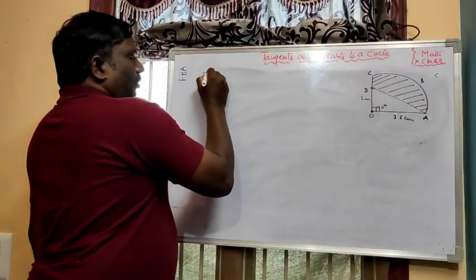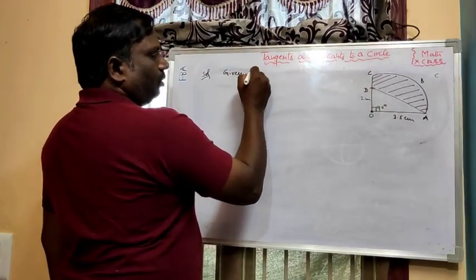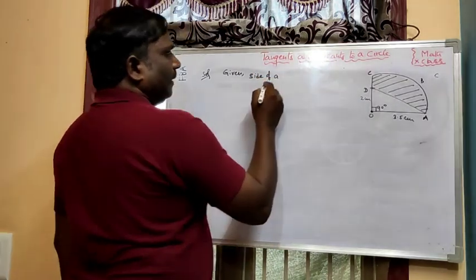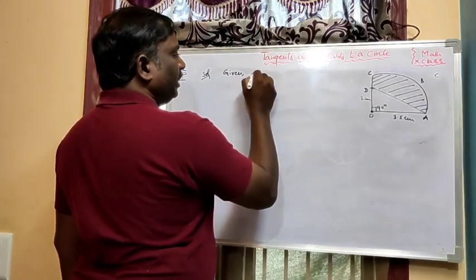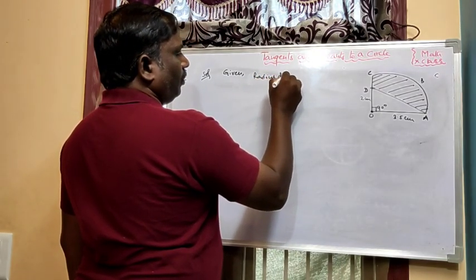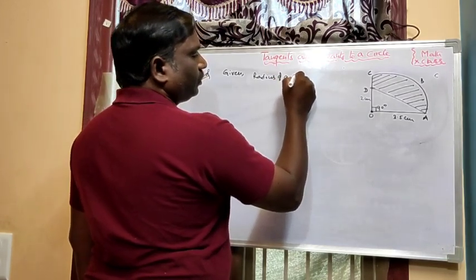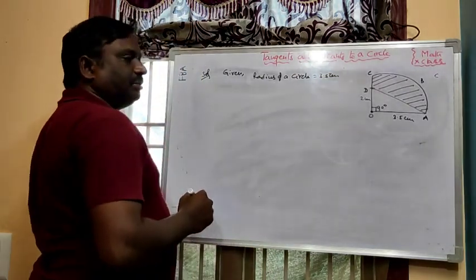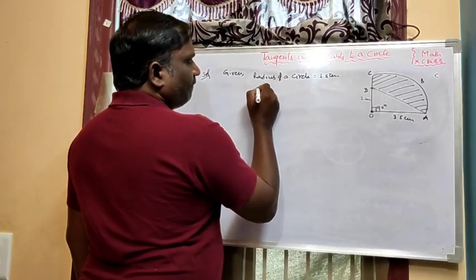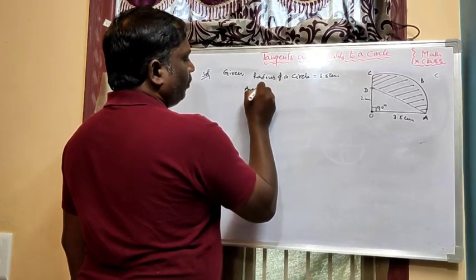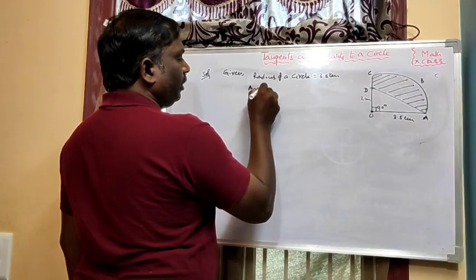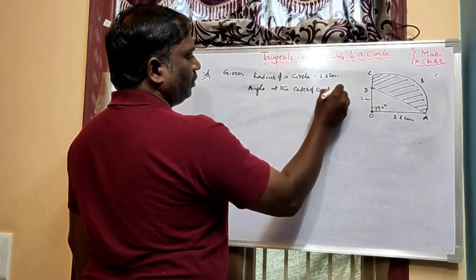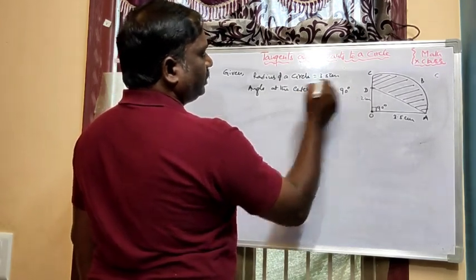Given, the radius of the circle is 3.5 centimeters. The angle at the center of the circle is equal to 90 degrees.